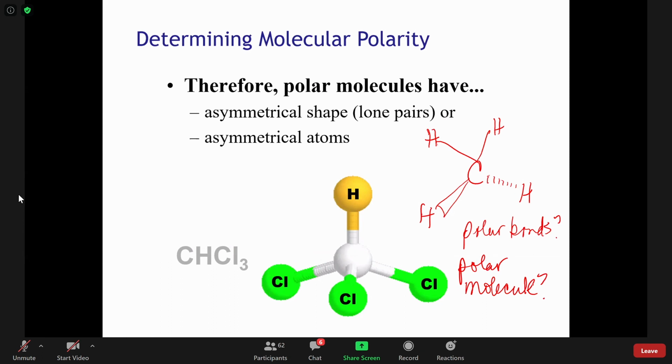No, because once again, these vectors are all going to cancel one another out. This is a symmetrical molecule, and the vectors are oriented away from each other at precisely the same angles, 109.5. So all those dipoles cancel each other out, non-polar molecule.